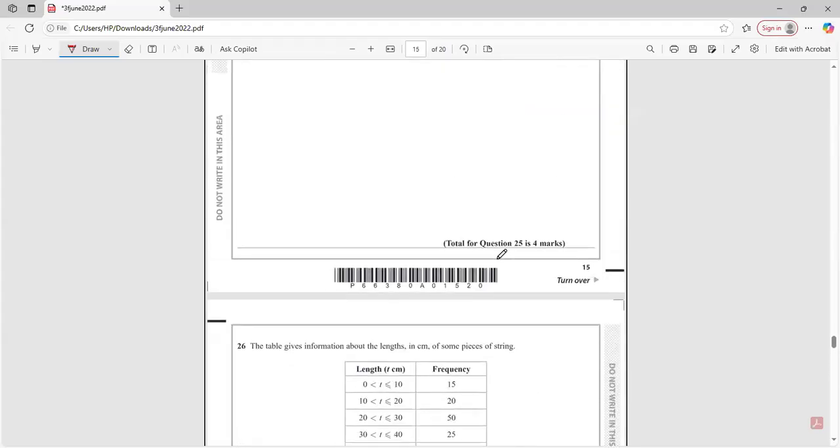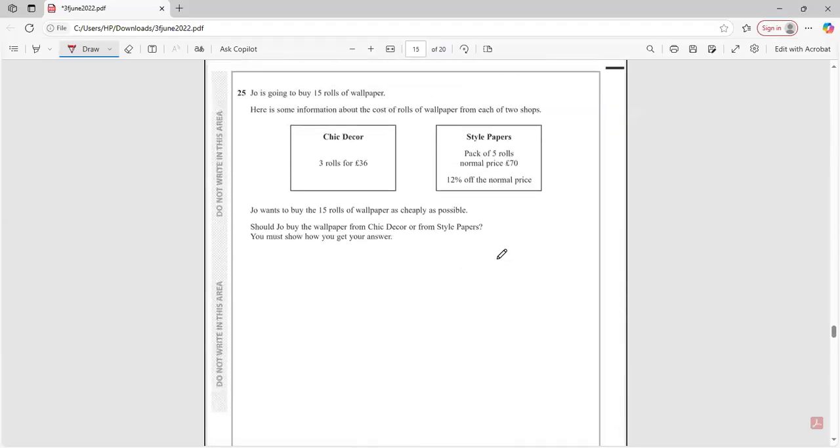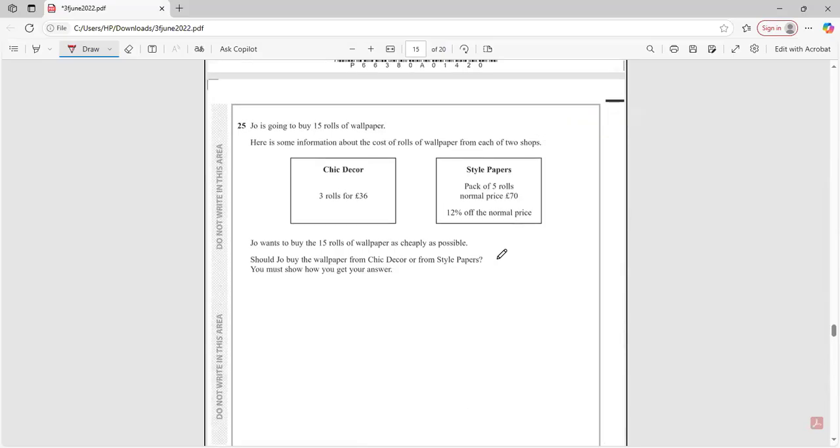Okay. How about this one? Should we solve it? Yes, please.